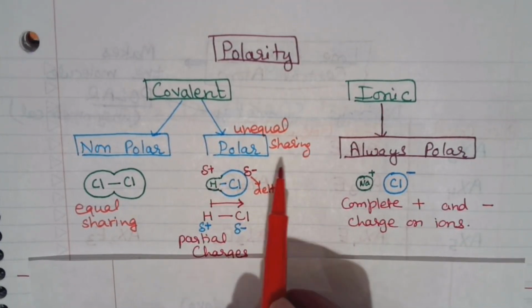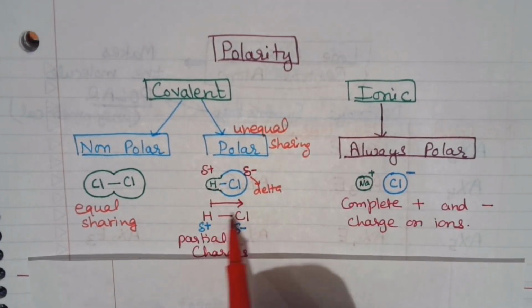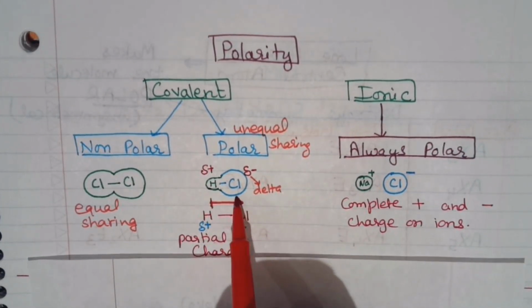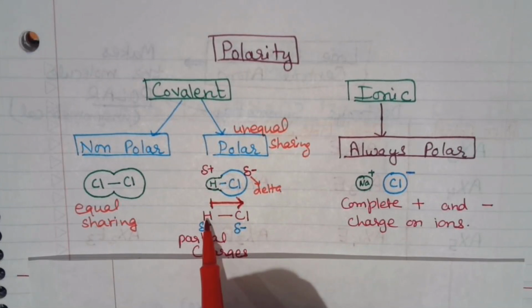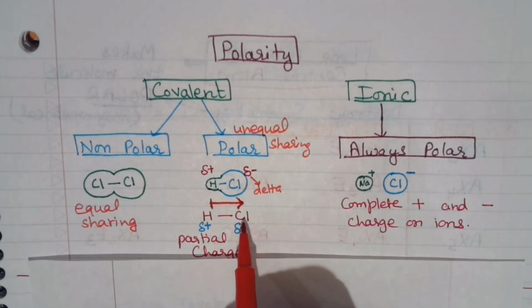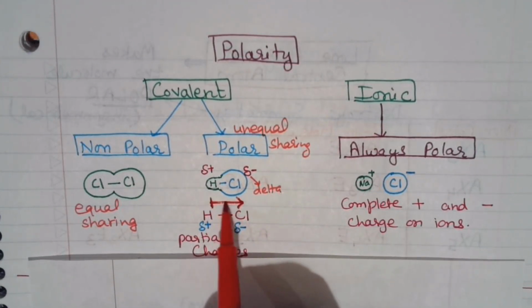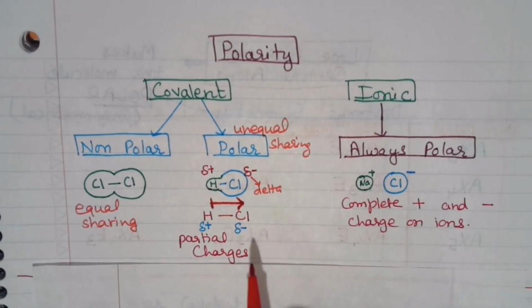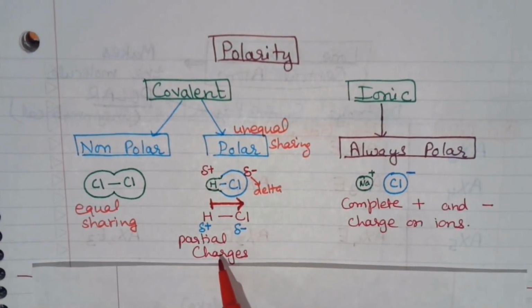This unequal sharing leads to the polarity of the bond, and the direction of the polarity is shown by drawing an arrow from the less electronegative element pointing towards the more electronegative element, which is chlorine here, right? So we always draw the direction of the polarity like that. So this is partial charge.